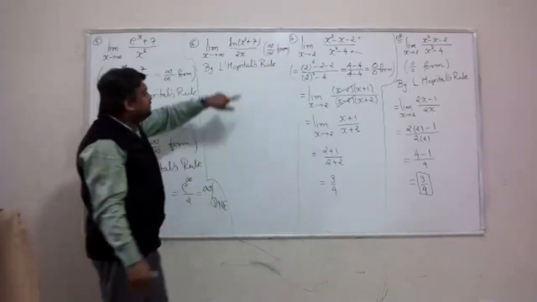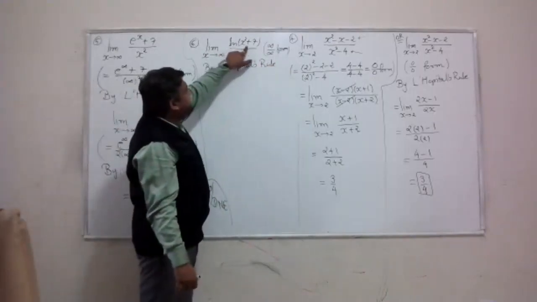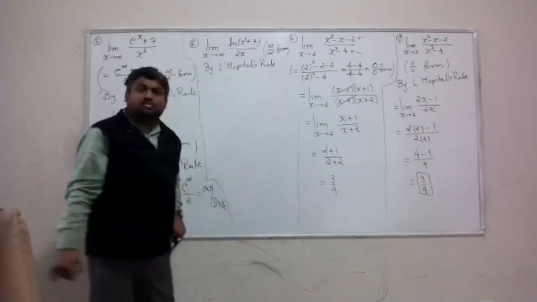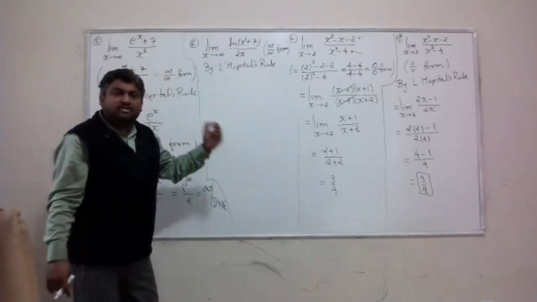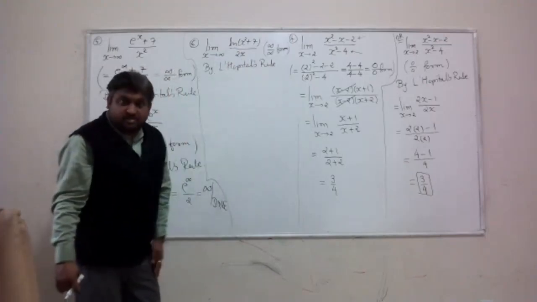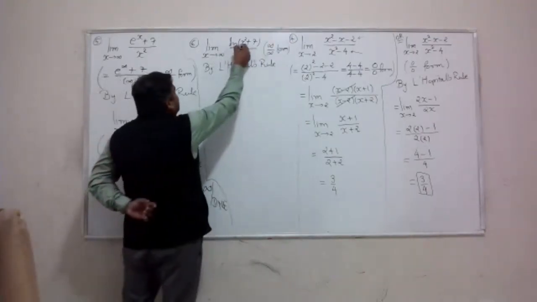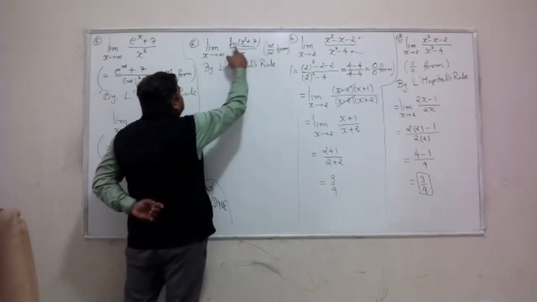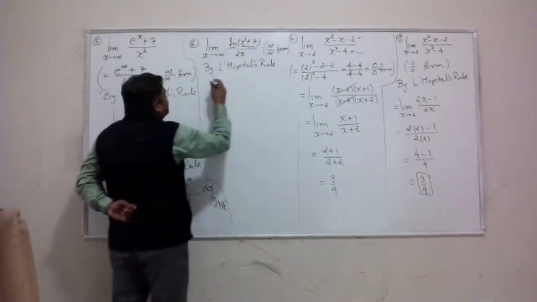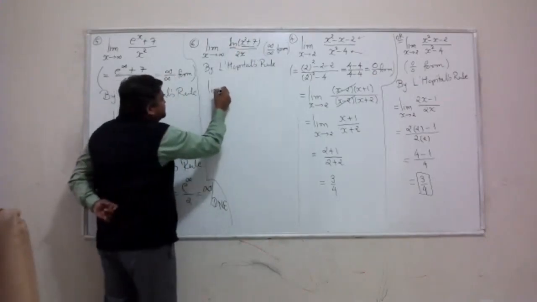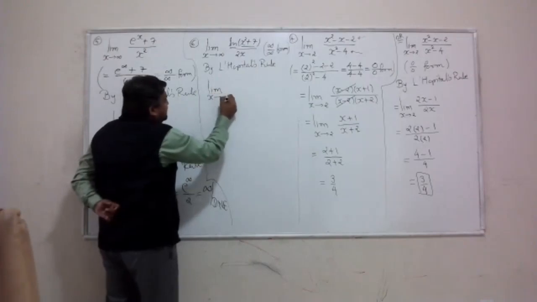All right, all you have to do is find the derivative of the top expression, derivative of the bottom expression, apply the same limit on the ratio of these two derivatives, right? In order to find the derivative of the top expression, I must use the chain rule formulation of the logarithmic function. This is what I am going to get.